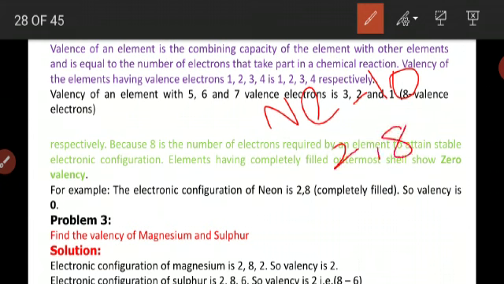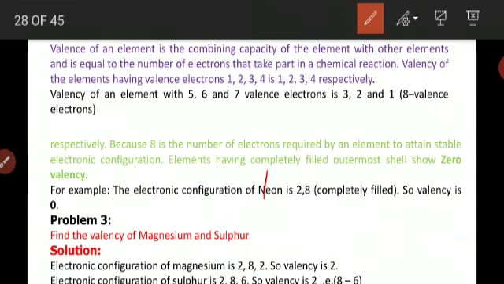I already taught about electronic configuration. 2, 8 is the neon electronic configuration. So 8 is completely filled. The outermost shell has 8 electrons, completely filled, so we call it zero valency.